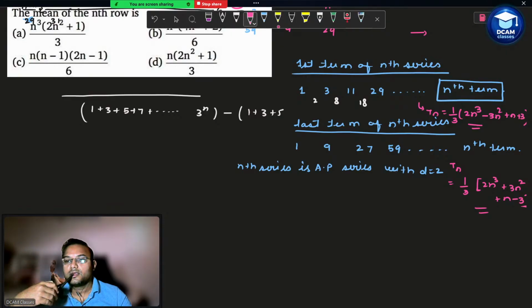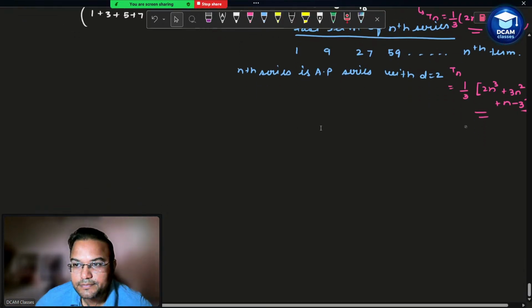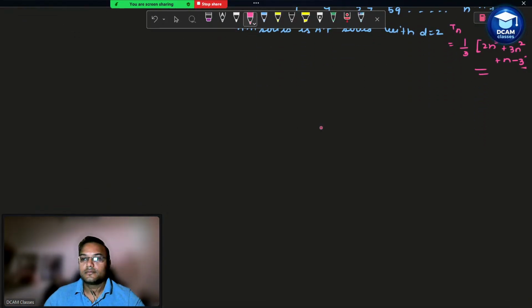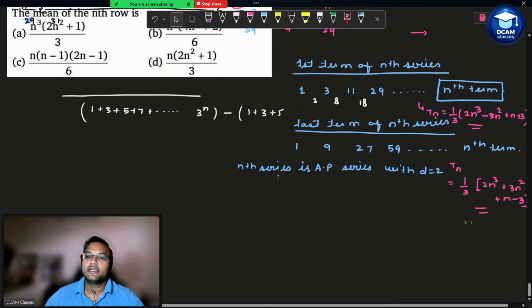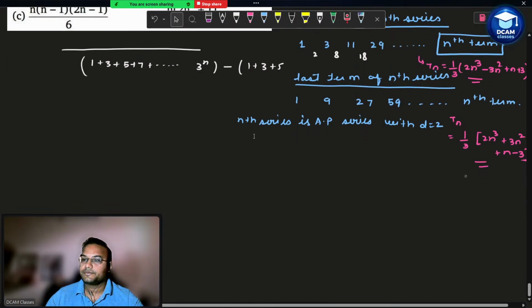Okay, n is 2: 16 minus 12 plus 2 plus 3, 9 by 3 is 3. Correct. After that it is simple only. But finding out the nth term is difficult. Right now I'm not getting an idea how to find the nth term in this.